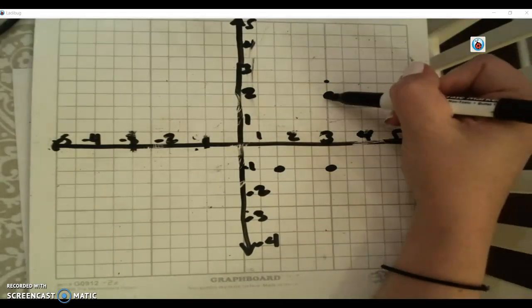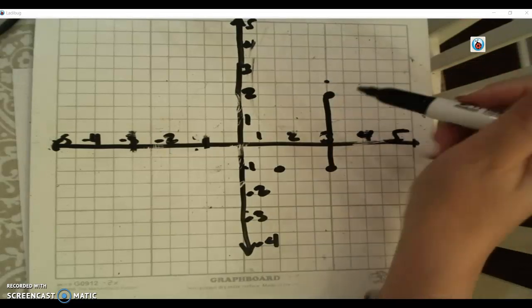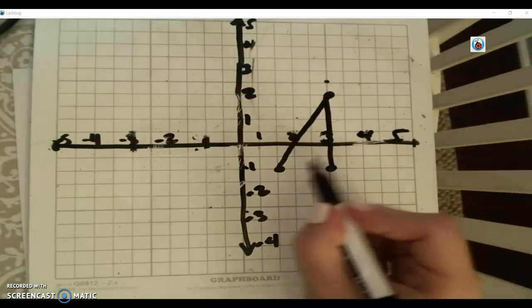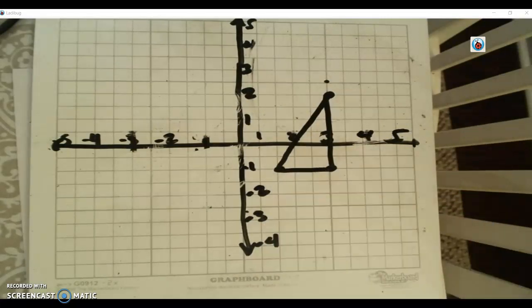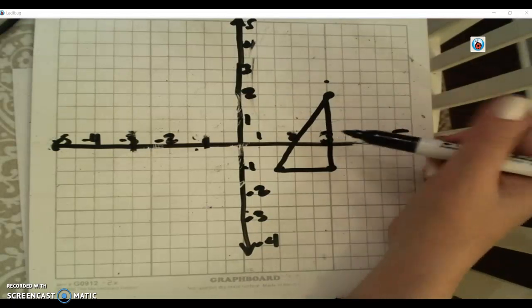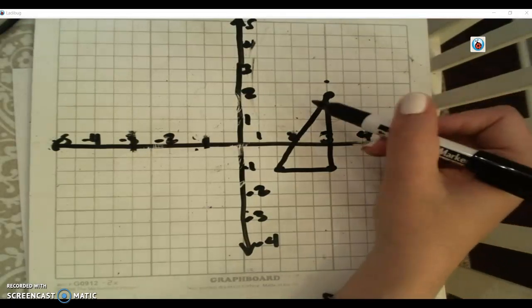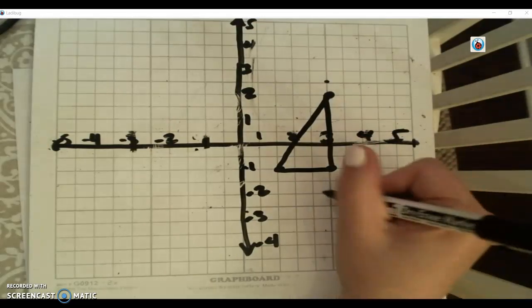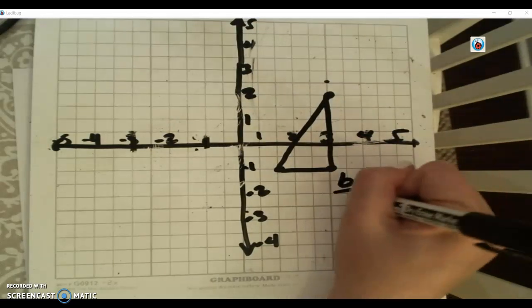Okay, so I have a line here, and I have a line going down like this. And again, because it's a triangle, it's going to be hard to count the squares with this one because there is half squares, right? You see that? So what I'm going to do is still do base times height divided by 2.